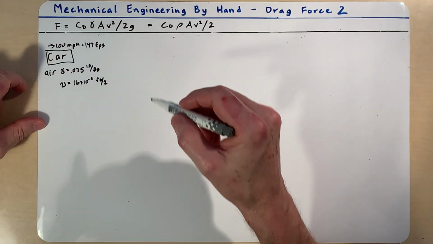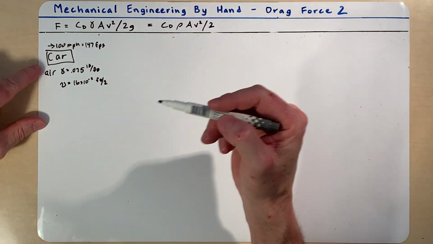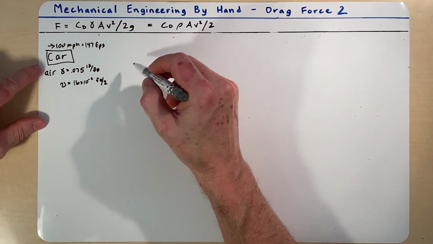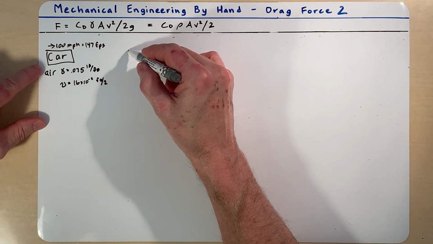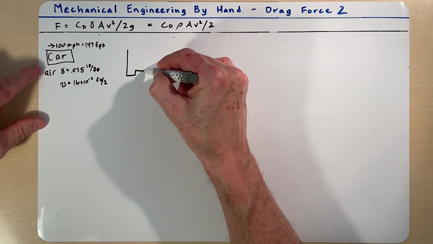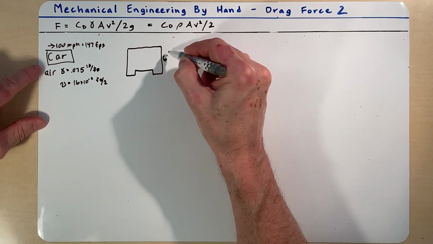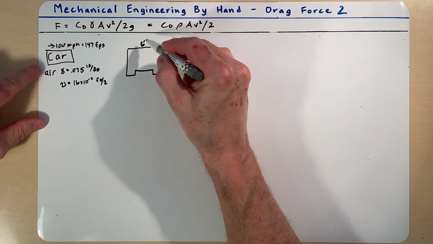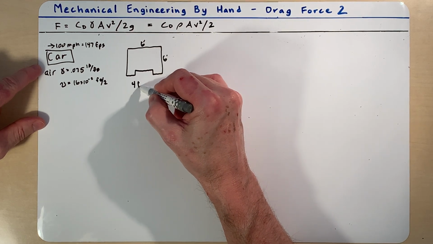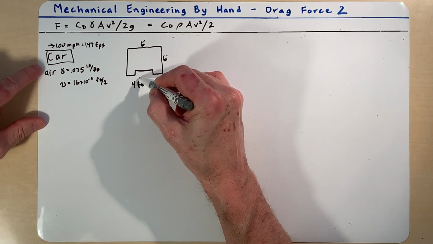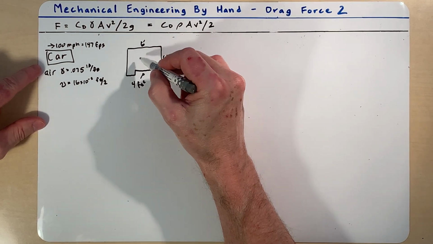Okay, we need the area, so the frontal area of this car. If we're looking at the front of the car, let me draw what this car might look like. Let's say it's 6 feet tall and 6 feet wide, and there's a 4 square foot area here between the tires and under the car, which doesn't contribute to the area.